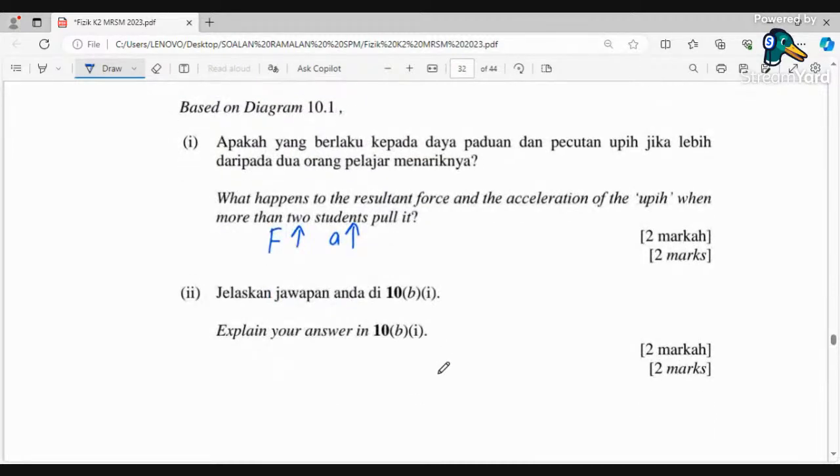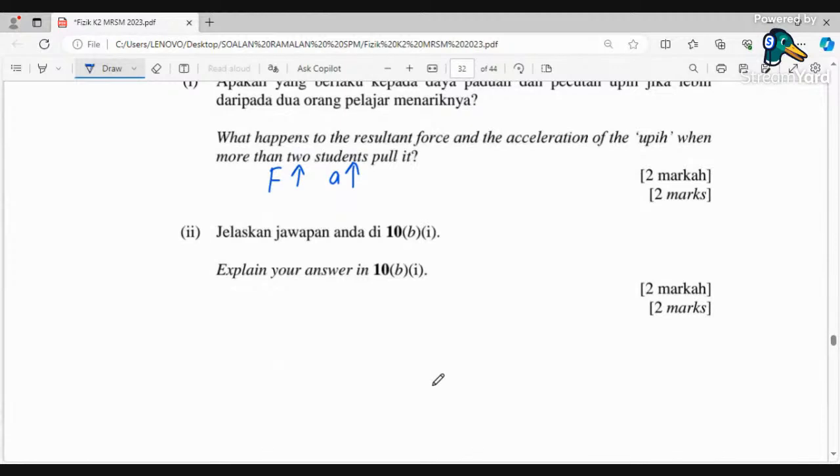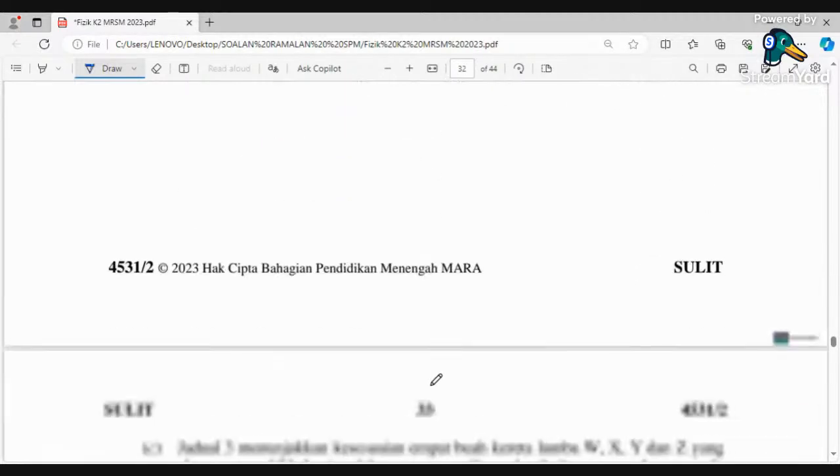Explain your answer. Jadi you all boleh guna Newton second law untuk explain. Okay.